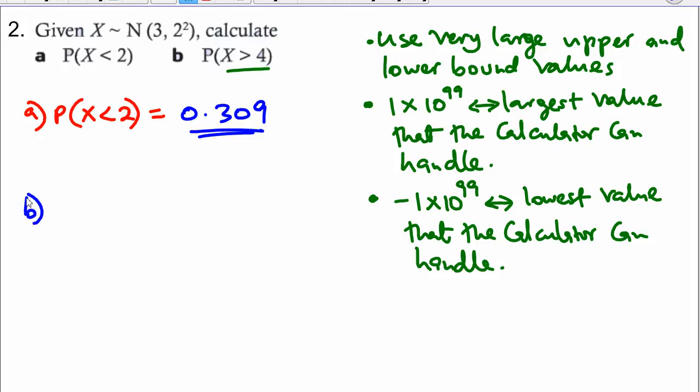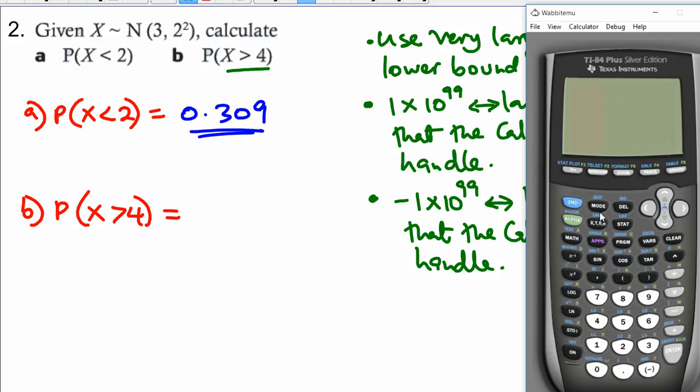For B, what I want to find is the probability that x is greater than 4. To find this, go to the calculator, normal CDF. The lowest limit is 4.